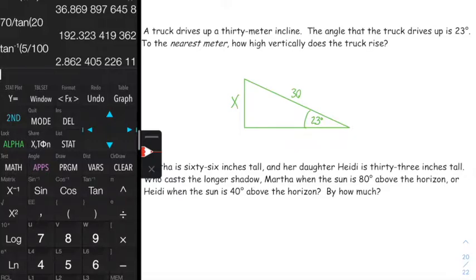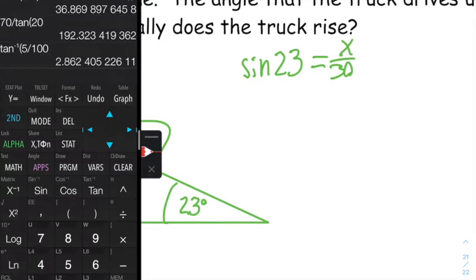Okay, and then from here we'll label the opposite. The adjacent's down here at the bottom, and then the hypotenuse is at 30. And the sine function uses O and H. So we'll use that sine of 23 degrees and then equals x over 30. And then if x is in the numerator, we need to multiply both sides by 30.